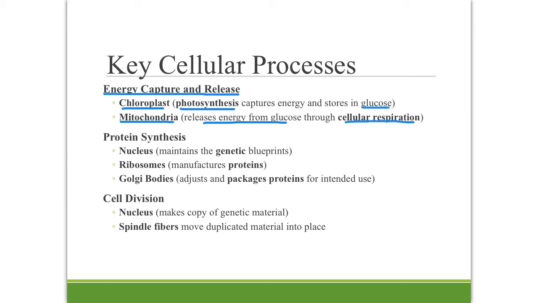Protein synthesis is another major process that we're going to be talking about because proteins are so important for life. Not only do proteins provide the structure for animal cells and animal bodies, but also enzymes are proteins, and enzymes, remember, speed up chemical reactions, and if we didn't have chemical reactions happening, we would not have life.